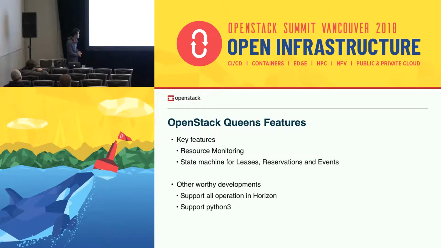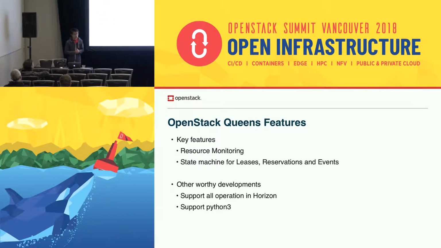So this is a project update session. I want to introduce the main Queen features of Blazar. There are two key features in the Queen cycle. The first one is resource monitoring. This feature starts to handle the failures which happen in the reservable resources managed by Blazar.